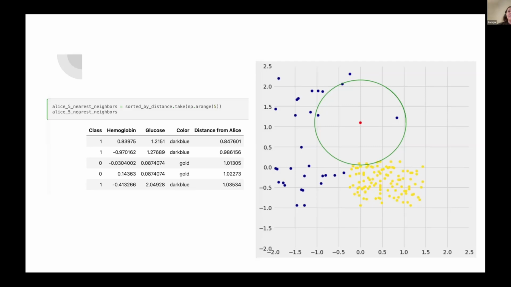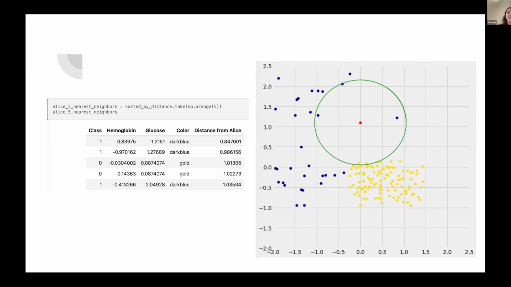If we had just done 3, we would have come to the same conclusion. If we had done 9, we may or may not have. It honestly just depends. But based off of the 5 nearest neighbors we had, we would confirm that she does have CKD.